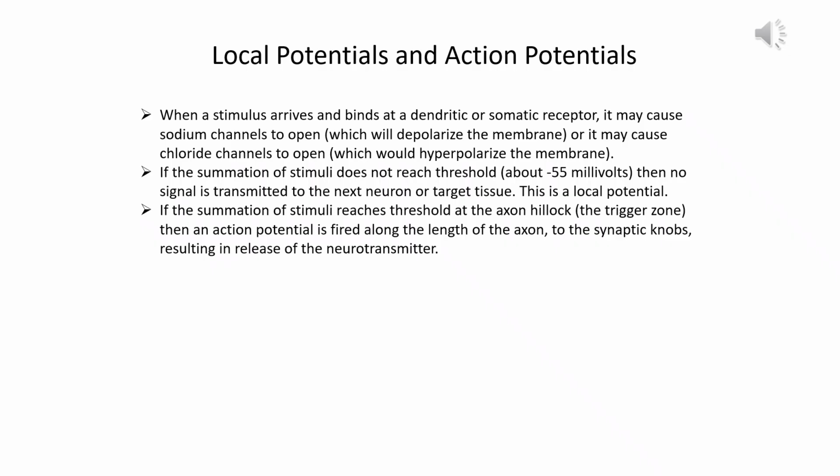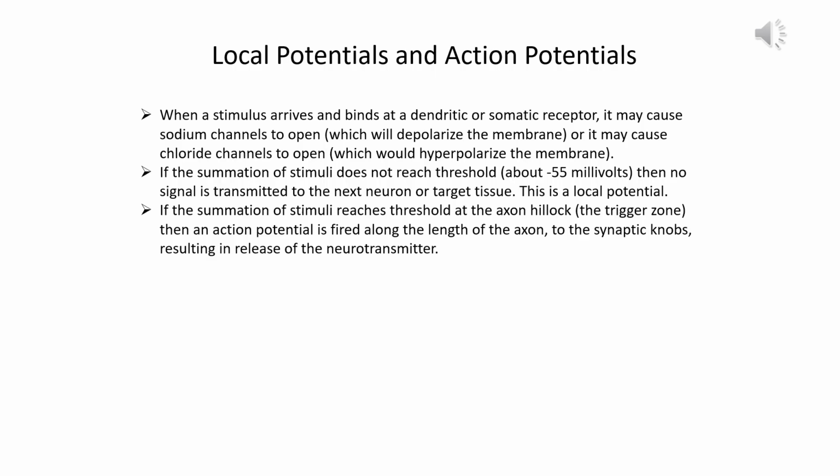When those sodium channels open, we need to know, well, how much sodium comes in? We maintain a resting membrane potential at minus 70. The question is, how far down, or how far towards zero, do we need to go in order for the trigger to be pulled? Well, that would be called the threshold.